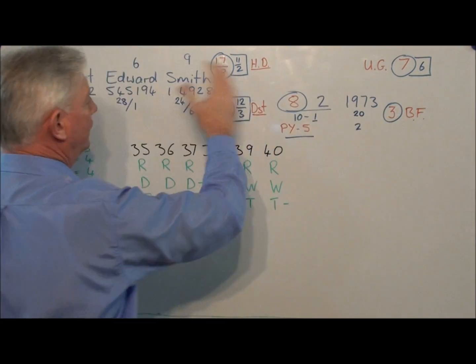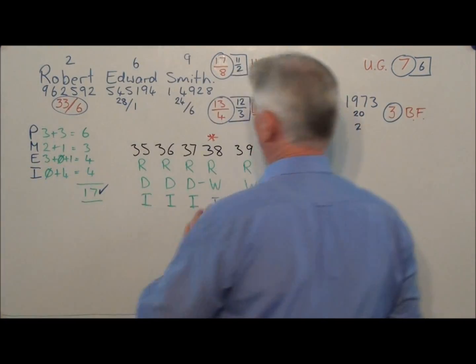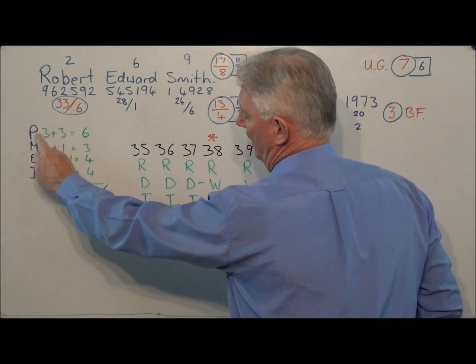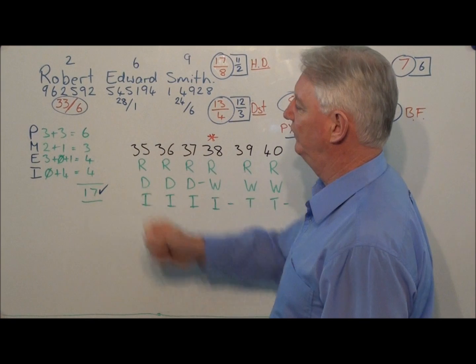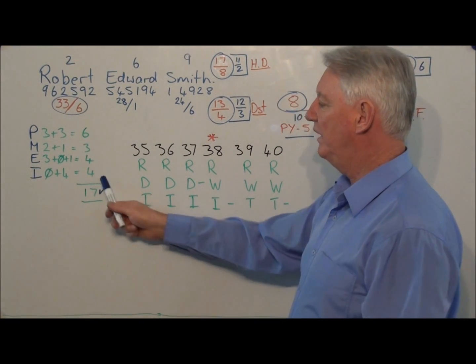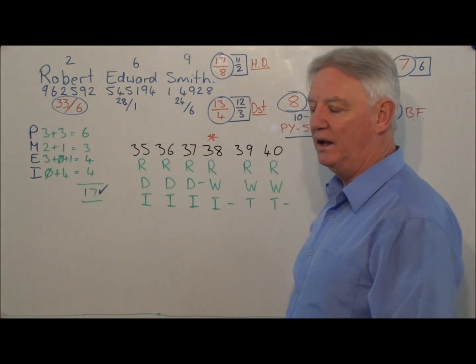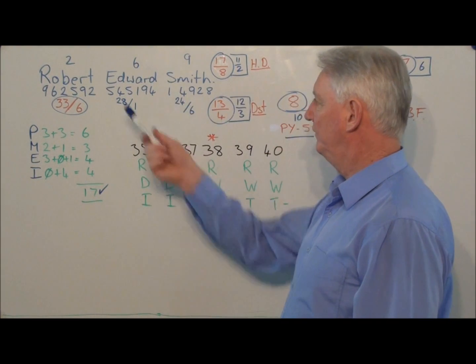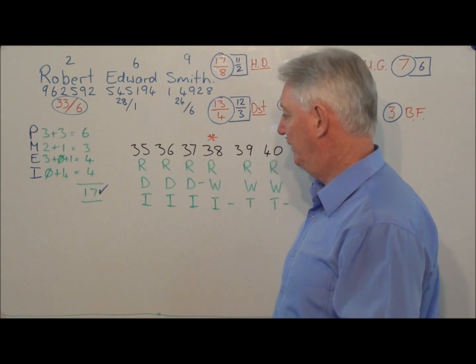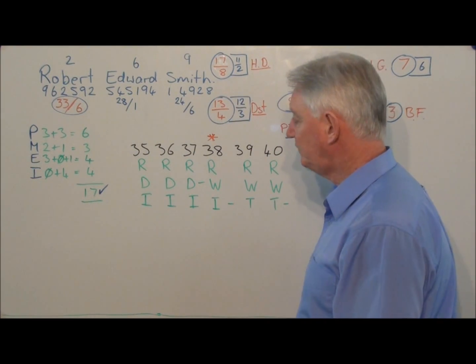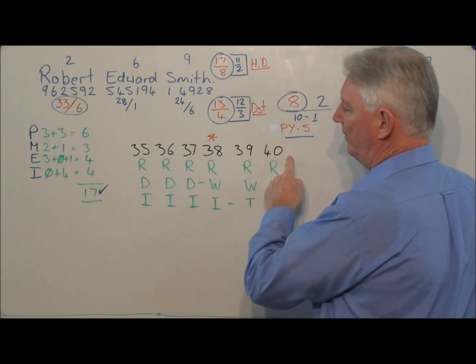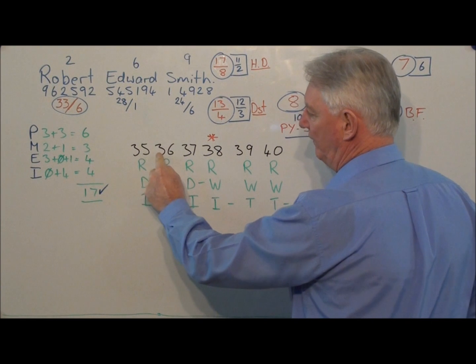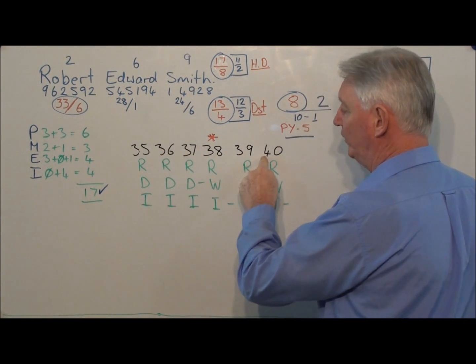Now, we've covered his name and we've covered his birth force and his birth data, and we've covered the planes of expression here, showing that his emotions control his physical world. And even though he's fairly high on the intuitive scale, I'm not going to go there because too much of this is about money and grabbing stuff. That's my view on it, my learned view. Now down here we have a timeline, and this timeline is in years. So age 35, 36, 37, 38, 39 and 40.